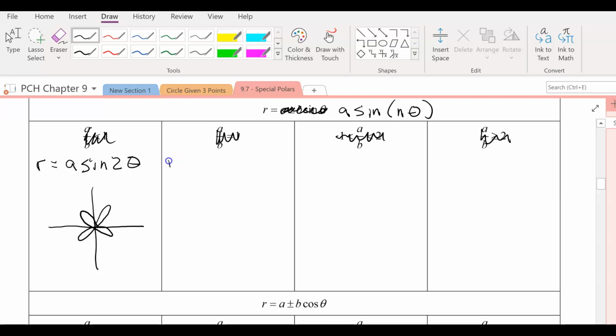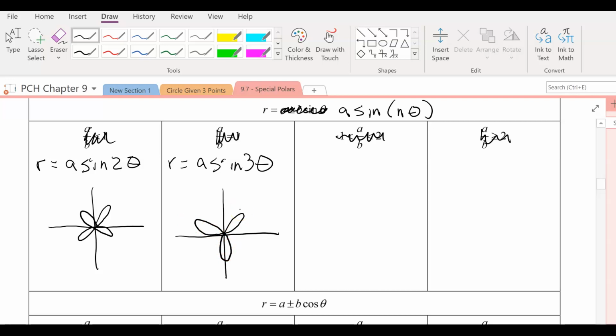Alright, so let's say we look at r is equal to a sine 3 theta. So now since n is odd, it's going to have 3 petals. So it's going to look something like this. And these petals should all be the same size, and they should be evenly spaced.